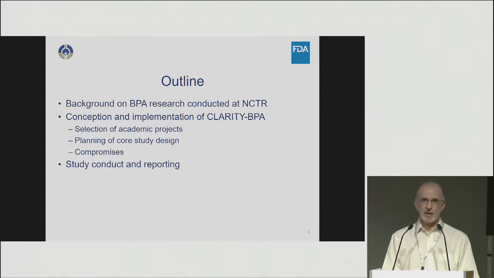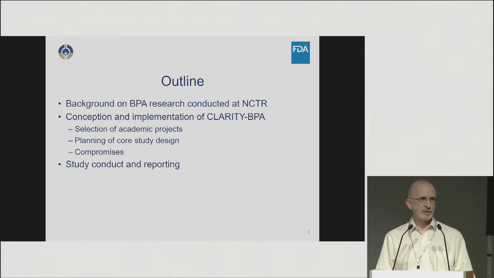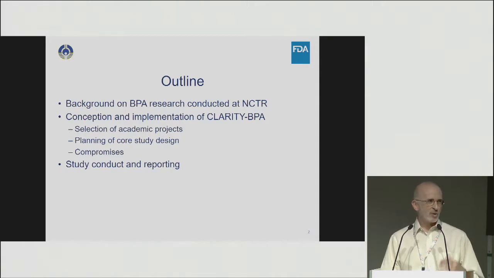And then I'm going to talk about the conduct of the main study, and the reporting process for the main study. There were good things about the project, there were bad things about the project, there are things that we've learned to go forward, and that'll be the subject of the next talk.